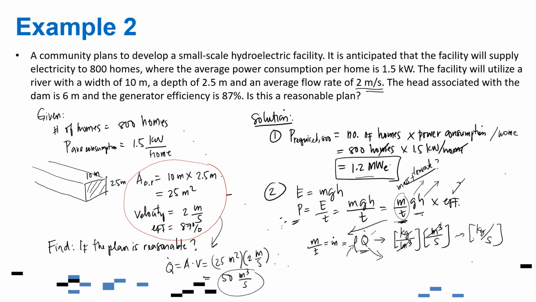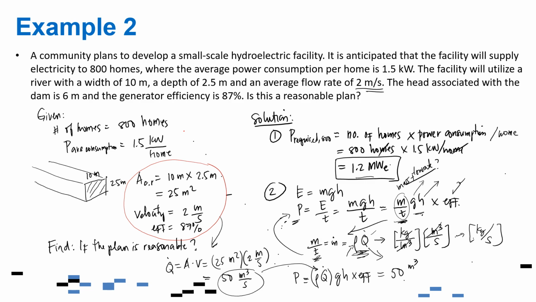So now we can get the m over t, which is rho Q. We can put these into the original equation. So P is equal to rho Q times gh times efficiency. Now I can put in all the values.